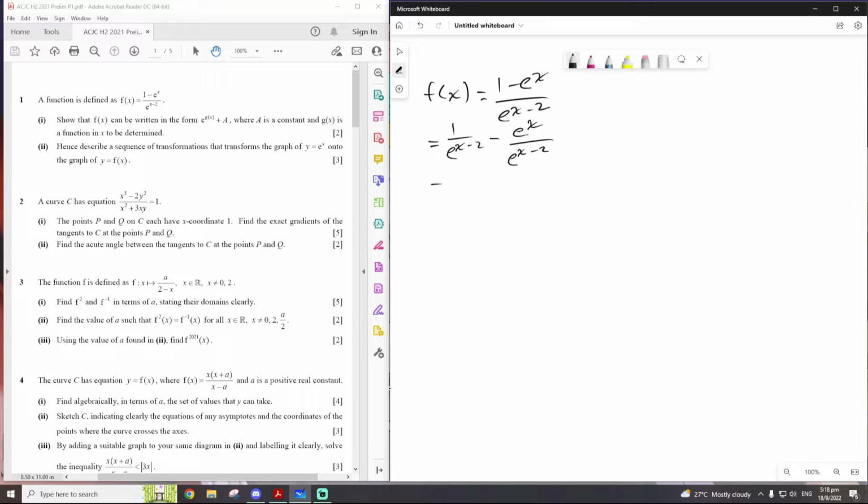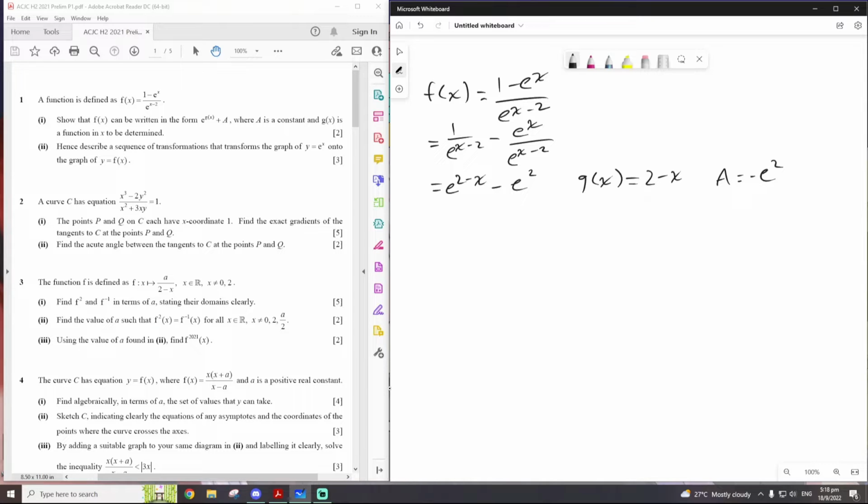So I can take the reciprocal of this and write this as e to the power of 2 minus x, and then minus e to the power of x times e to the power of x minus 2, so the e to the power of x cancels out and I'm left with e squared, alright? So therefore my g of x is actually 2 minus x and my a is minus e squared.